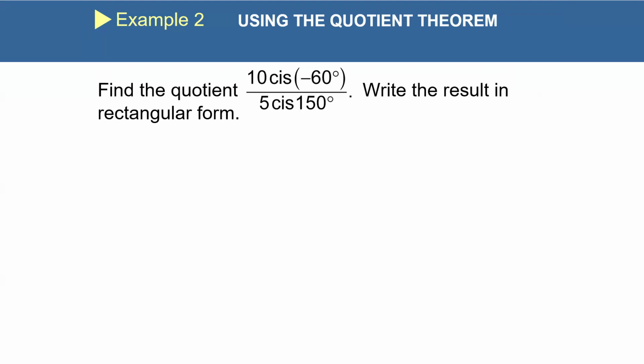Okay, so we're gonna identify your R1 and R2. What's R1? 10. R1 equals 10. R2 equals 5. My theta 1 is -60. My theta 2 is 150. If the -60 bothers you, what could you change it to?